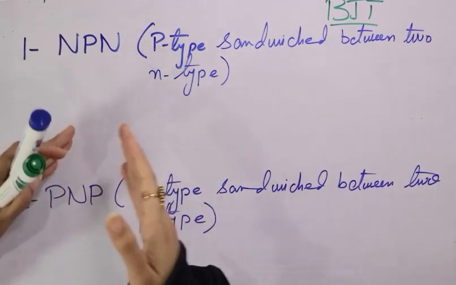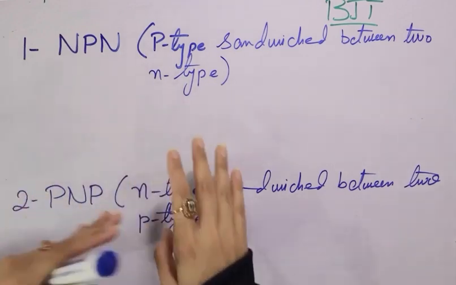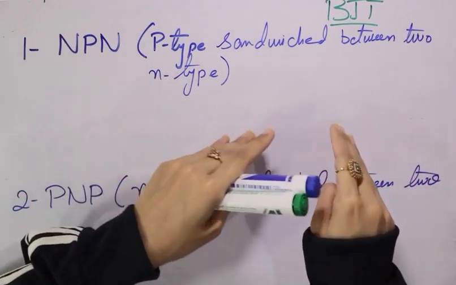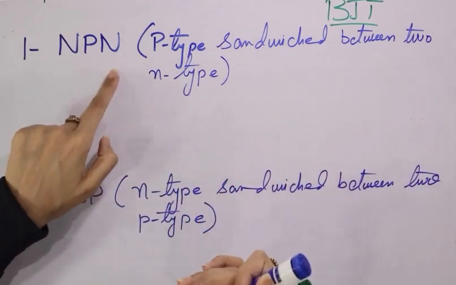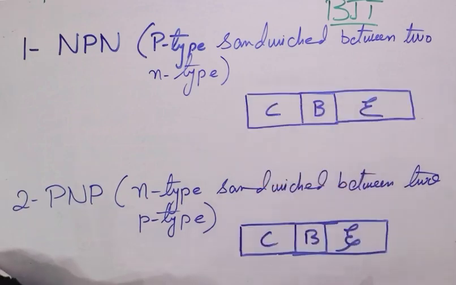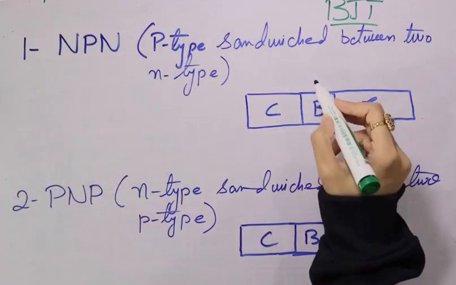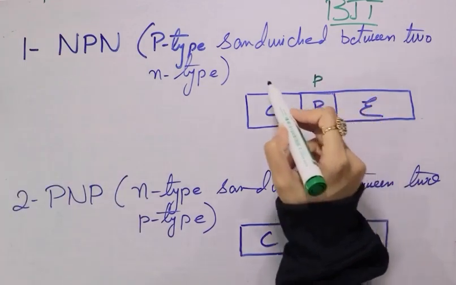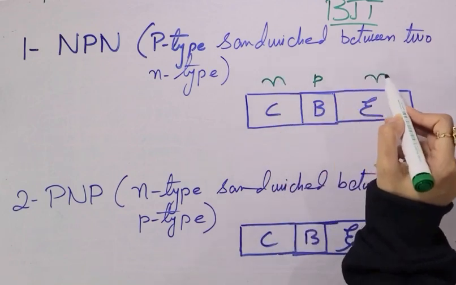Now before we see what the symbols look like, let's try to see which of base, emitter, collector is which in NPN. If you look at this figure, for NPN, this is your P type, this is your N type, and this is also your N type.